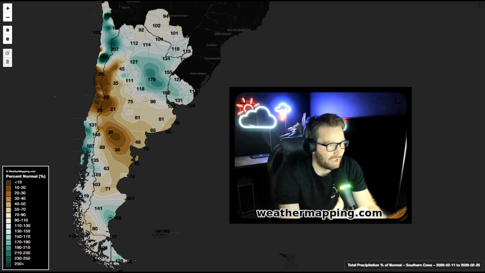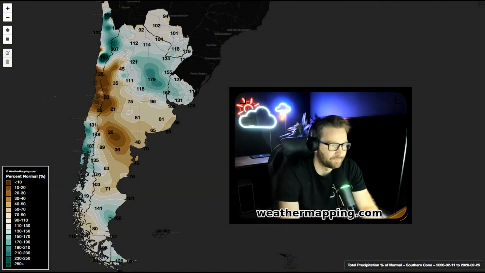In western and central Argentina, the lee of the Andes, just east of Chile into Argentina's western provinces, that dry anomaly is expanding, with many areas in the 30 to 50% range and some lower pockets. This is a classic rain shadow side effect in this setup, and we see the map's gradient suggesting the driest corridor is anchored closer to the Andes before it starts easing up eastwards.